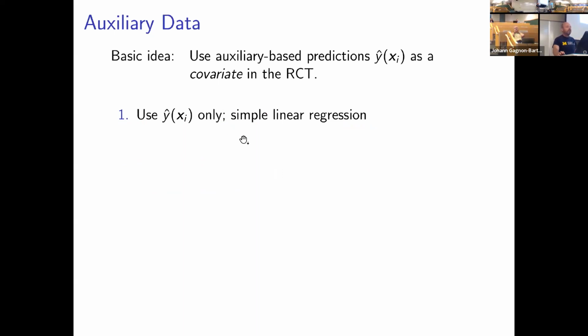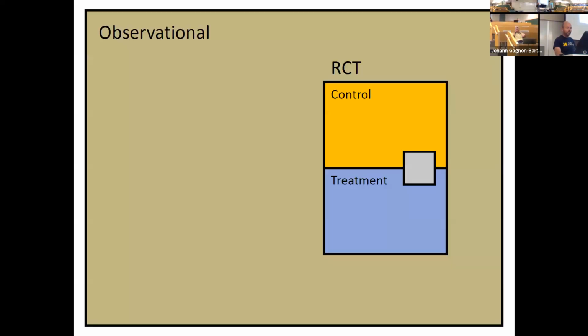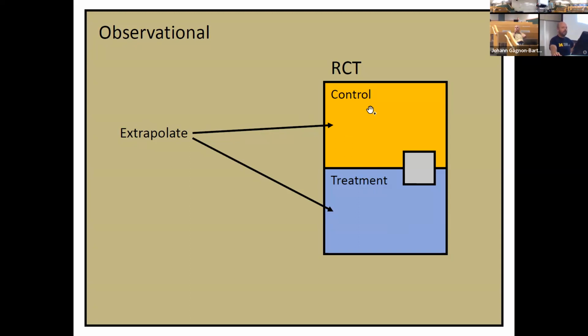I'm just going to skip to this picture. The idea is we're going to train the model on the observational data, then extrapolate it to the RCT, so we have predicted outcomes for everybody in the RCT.